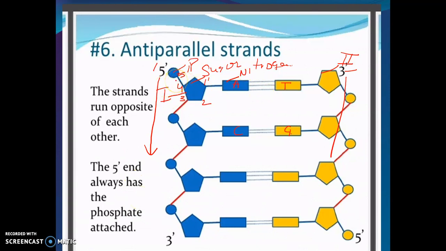So if the left-hand strand is from 5 prime to 3 prime, then the opposite strand is going from 3 prime to 5 prime. These primes are the positions of the carbon on the pentose sugar. We start counting the first prime from the nitrogenous base, it goes to the second prime, then third prime, fourth prime, and the fifth prime is always attached to the phosphate.